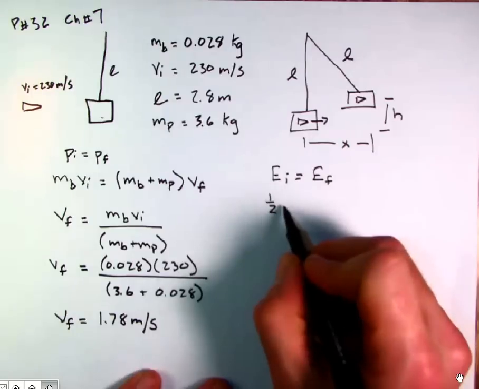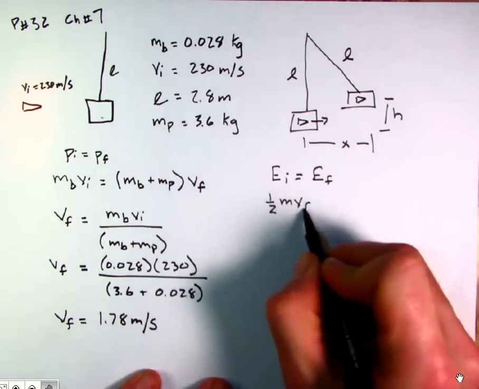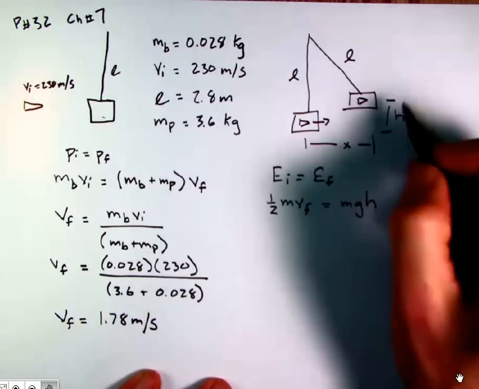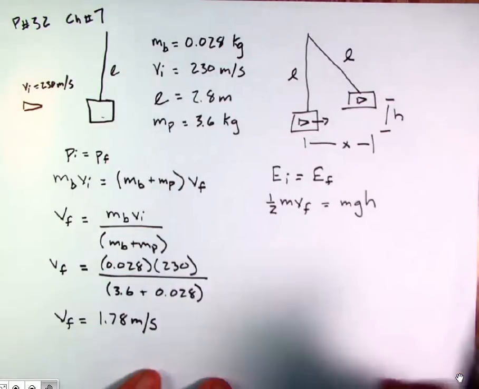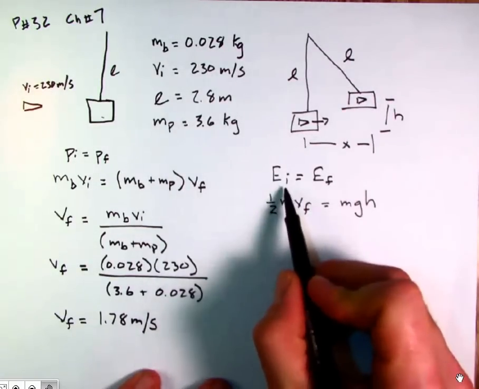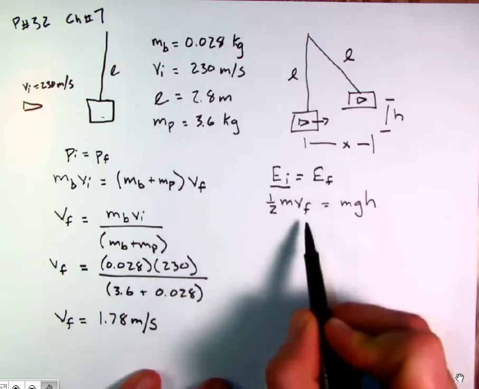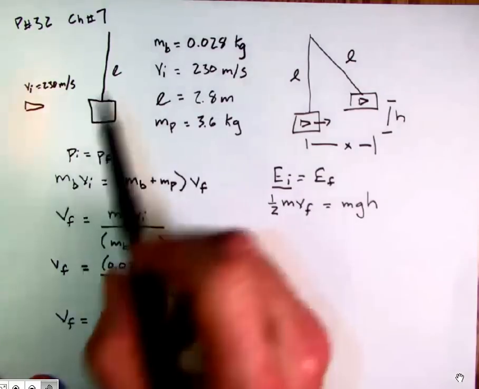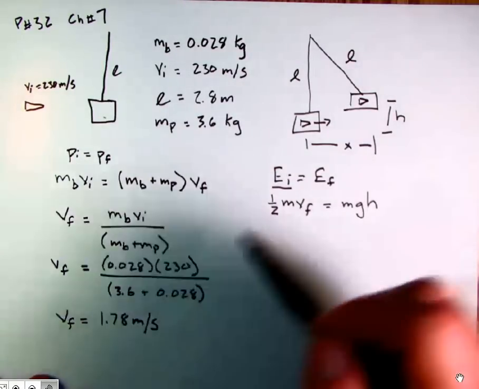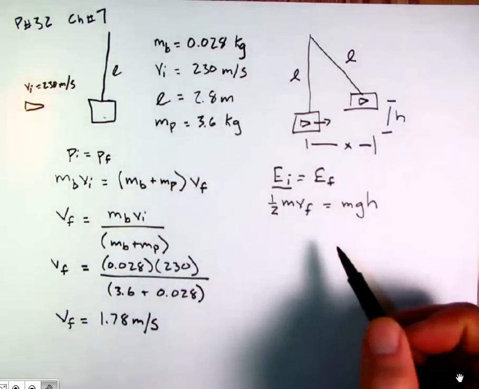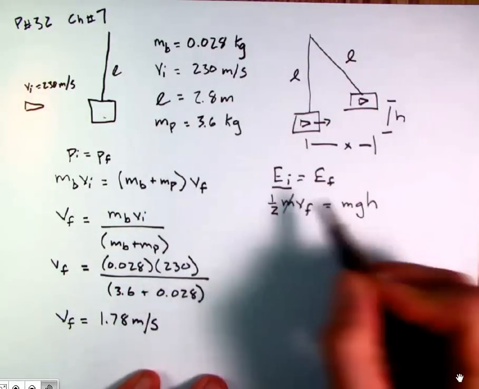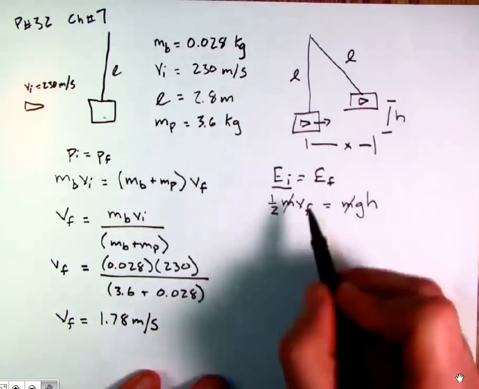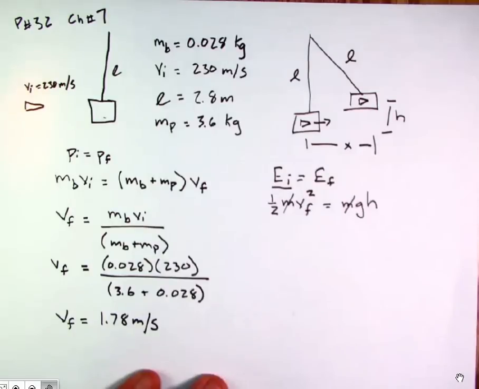To start out, we would have just kinetic energy, and just potential energy up here. Notice this is kind of strange: I'm saying initial energy is actually 1/2 m v_f squared, so the final of conservation of momentum is the initial of conservation of energy. So our masses cancel out here.